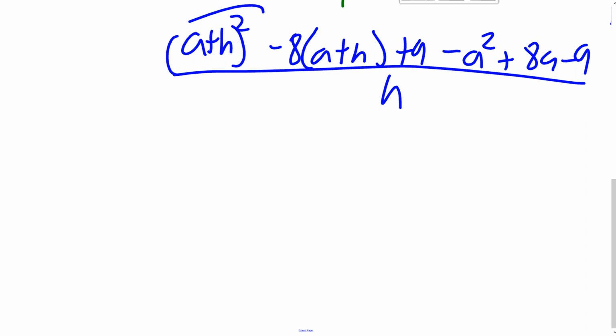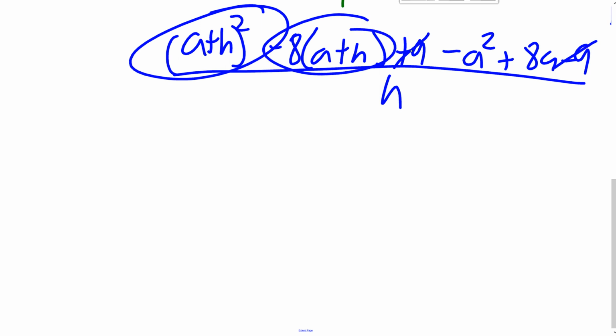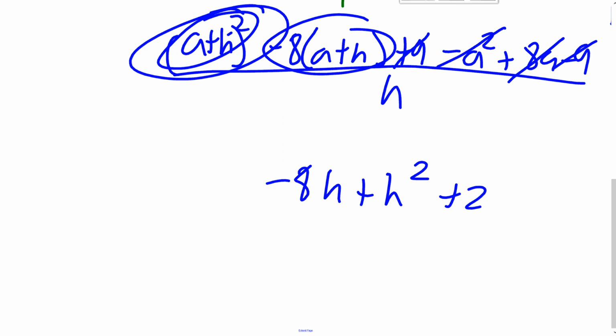Now we can simplify: square that out, distribute the negative 8. These 9s are going to cancel. Anything without an h is going to cancel, so this a squared cancels, and this 8a cancels. You're left with negative 8h and a positive h squared, and a 2ah, because when I FOIL this out, I get a 2ah. Then I can factor that.